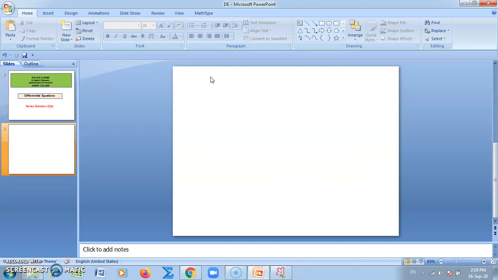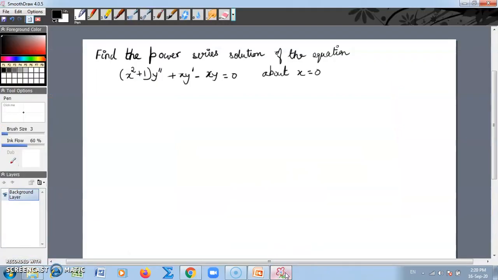So this is an example: (x squared plus 1) y double dash plus x y dash minus x y is equal to 0 about the point x is equal to 0. You see here they have not mentioned whether it's an ordinary point or not. Sometimes you may be asked to first find whether this is an ordinary point and then go to the method.